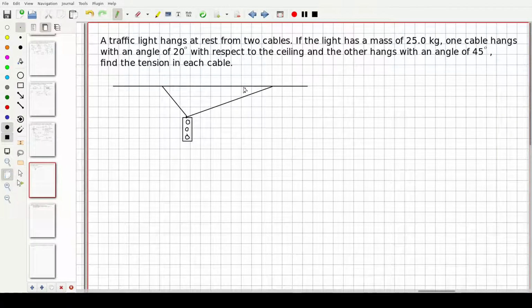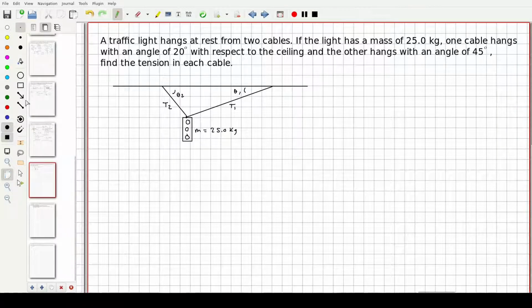So I'm going to call this angle right here theta 1, and this angle right here theta 2. And as a consequence of the mass that this thing has, and gravity pulling down on it, that tensions this cable and this cable as well. So the tension in this cable I'm going to call T1, and the one in this cable I'm going to call T2.